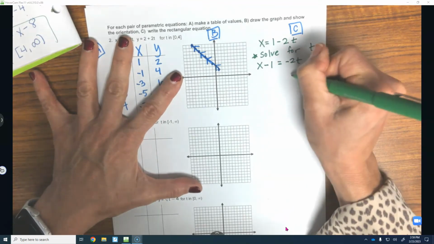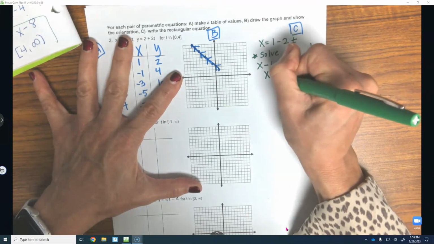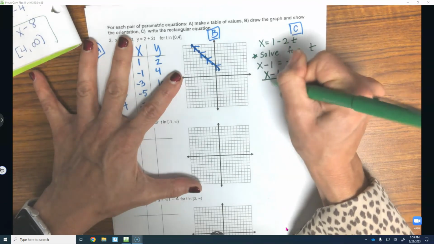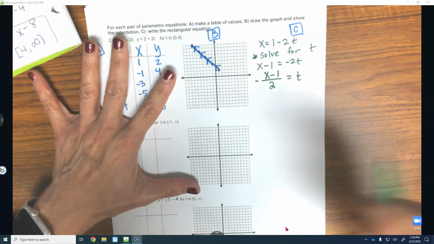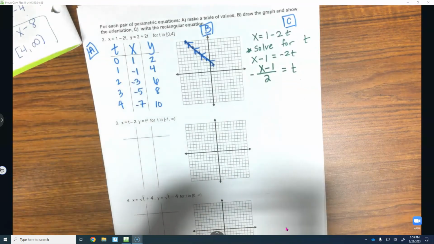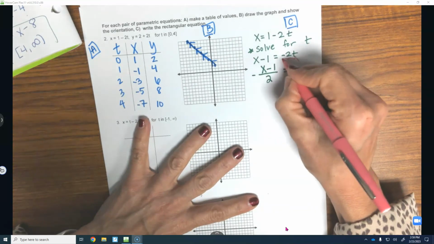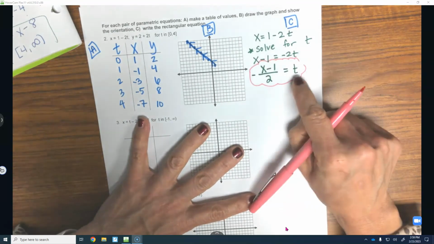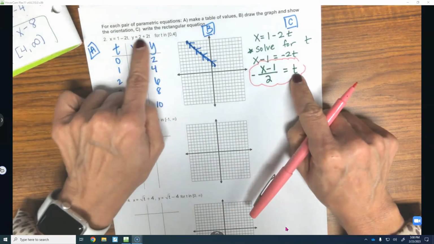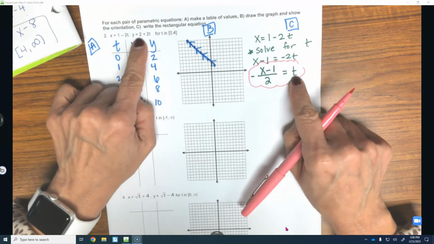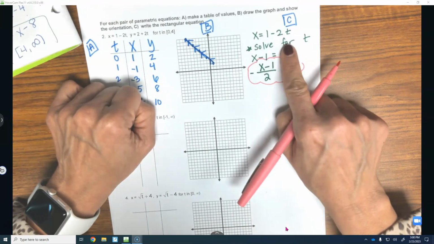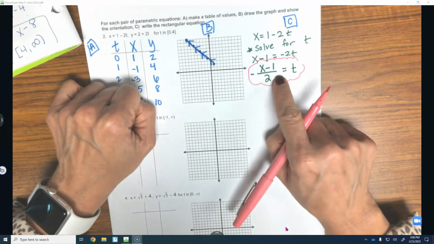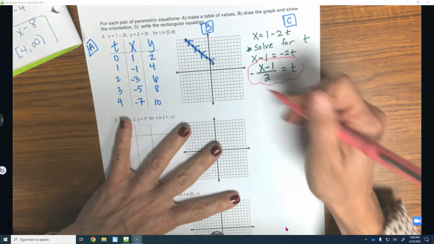So t is going to equal x minus 1 divided by a -2. So that negative just hops out in front right there. And then once you get t all by itself, we're going to substitute this in for this value over here, and that's going to turn into a plain equation with the letters x and the letters y. So take an equation, solve for t. Once you solve for t, plug it into the other equation.